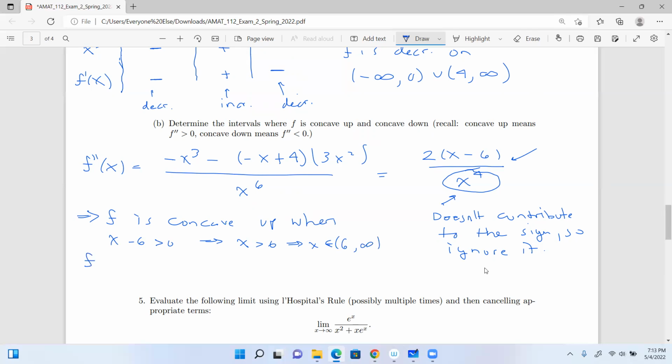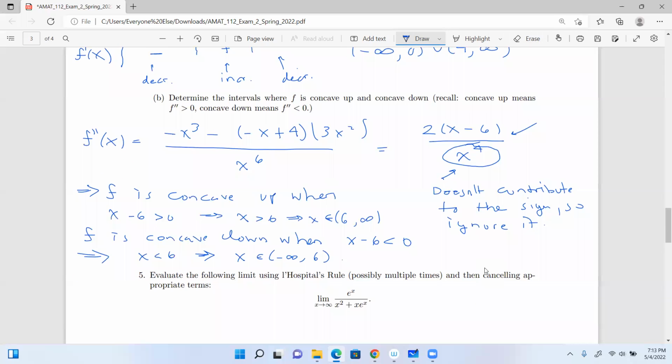And then f is concave down when x minus 6 is negative, because that will mean that the second derivative is negative. And that is, of course, to say that x is less than 6, which is to say that x is in the interval negative infinity to, sorry, not negative 6, just 6. And that finishes the problem there.